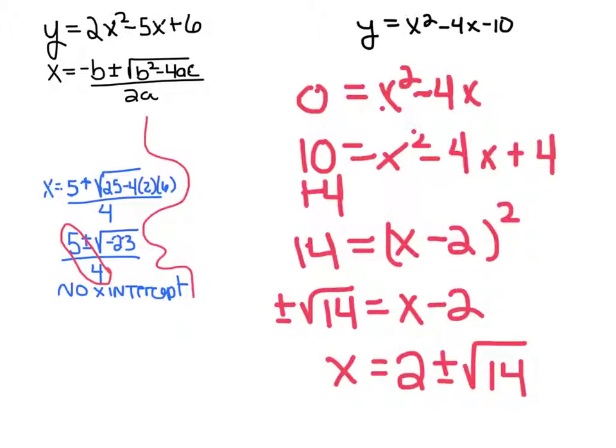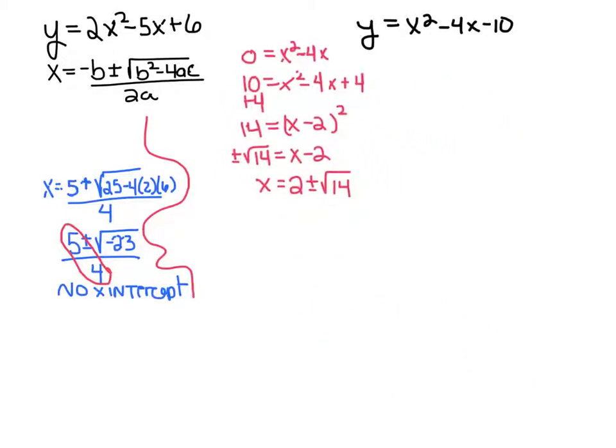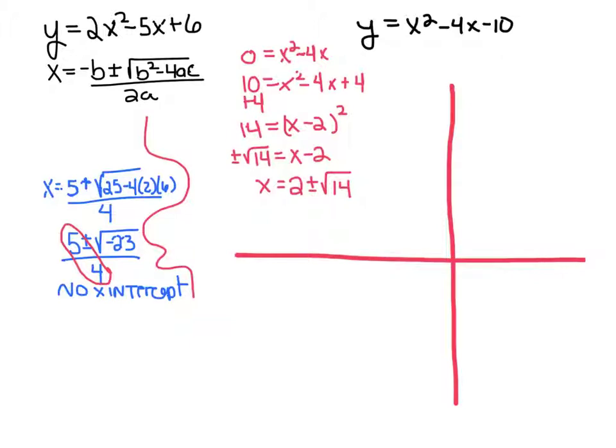Now, this is also going to be useful on the portion of the test where you're required to make a graph, because if you were going to graph that function, you would know that it has an axis of symmetry at positive 2. You would know that the intercept was at negative 10.